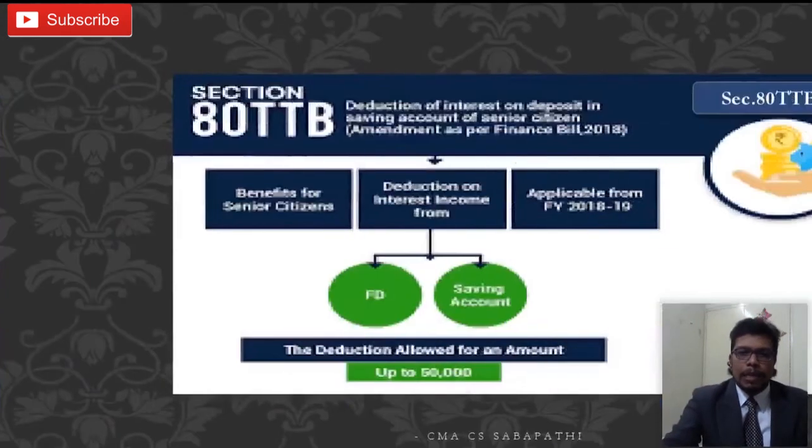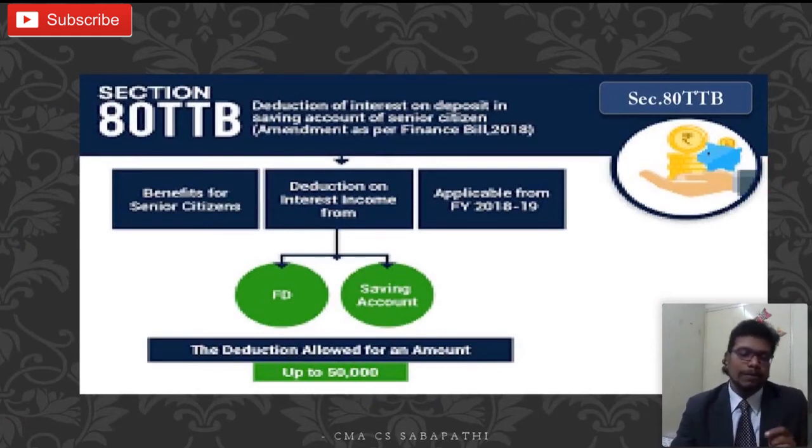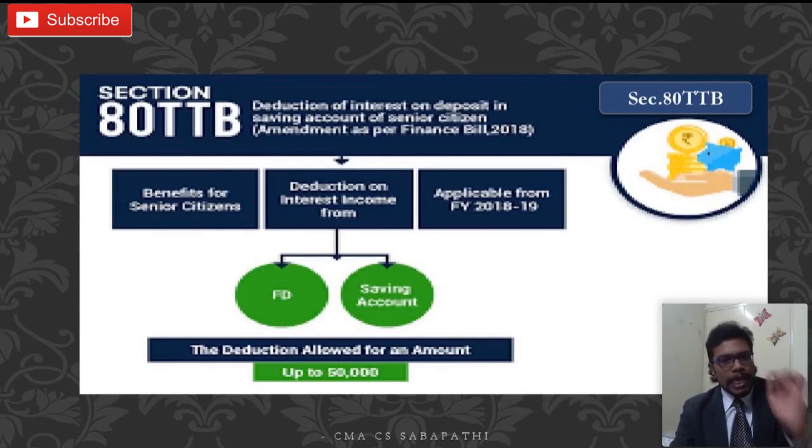Then comes the senior citizen. I told you that in 80TTA only the savings bank account is covered. But in the case of a senior citizen, please do understand, my dear friends, you are getting interest from fixed deposits also.